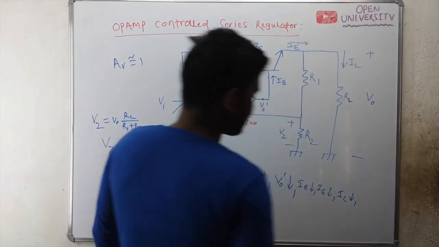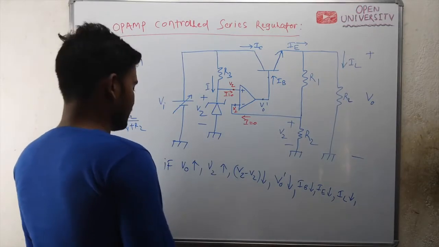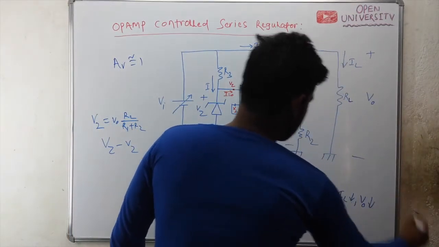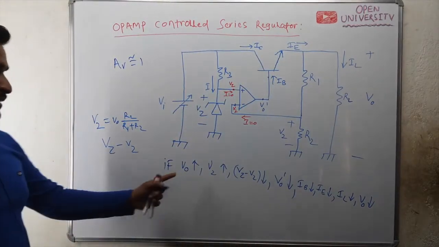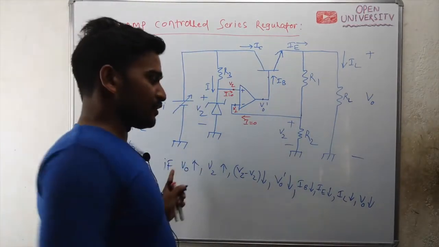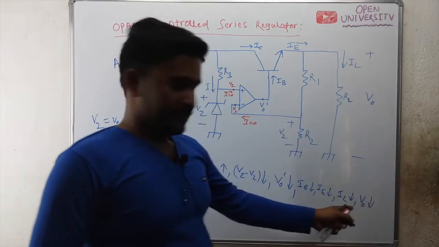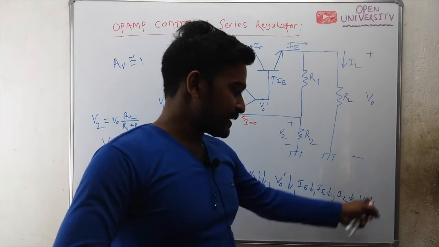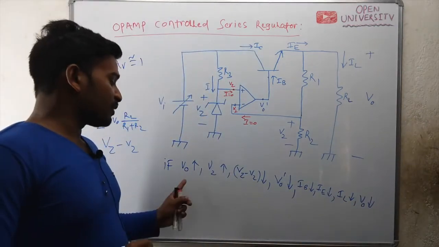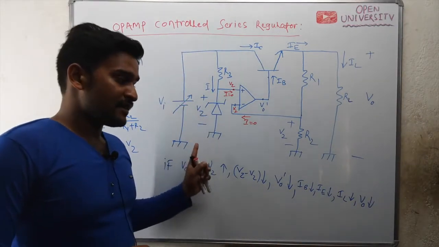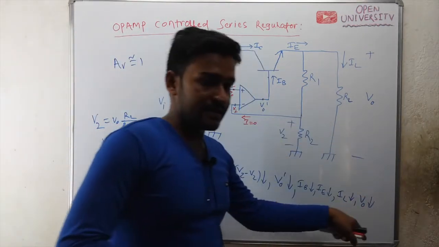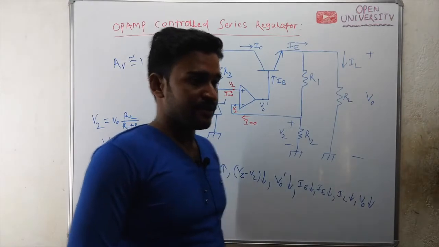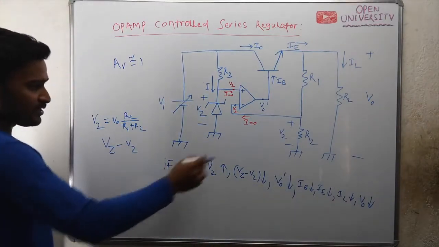If IL decreases, then V0 will decrease. So the initial increase in V0 gets approximately cancelled by the decrease in V0. Whatever amount V0 initially increases, the same amount V0 decreases. So output remains constant.